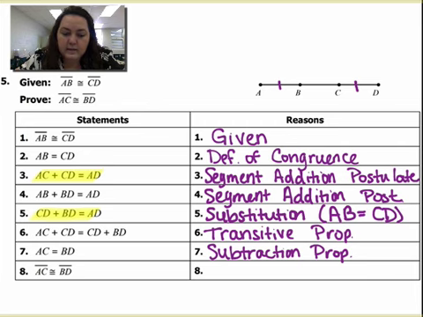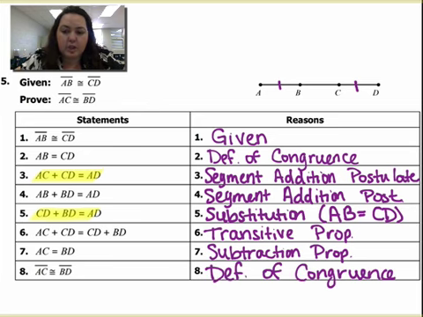I had AC plus CD equals CD plus BD. I had 2 different things that equaled AD, so I set them equal to each other. They both equaled the same thing, so I can set them equal to each other. That's the transitive property. Then I got rid of CD, so that's the subtraction property. I just subtracted that out. And I was left with AC equals BD. Now I can write them as congruent line segments by the definition of congruence.